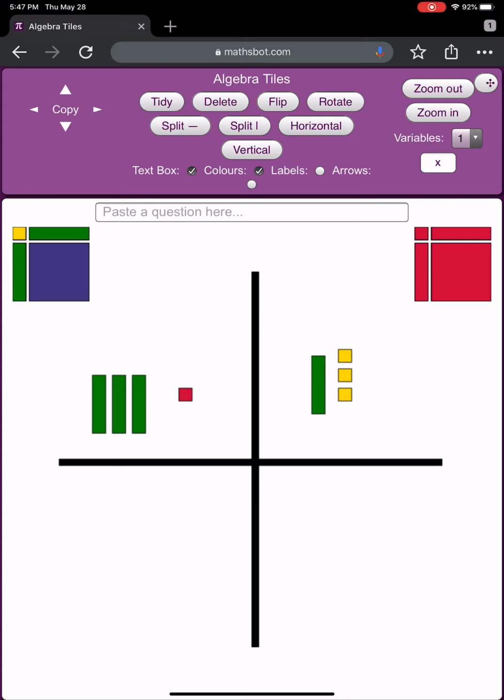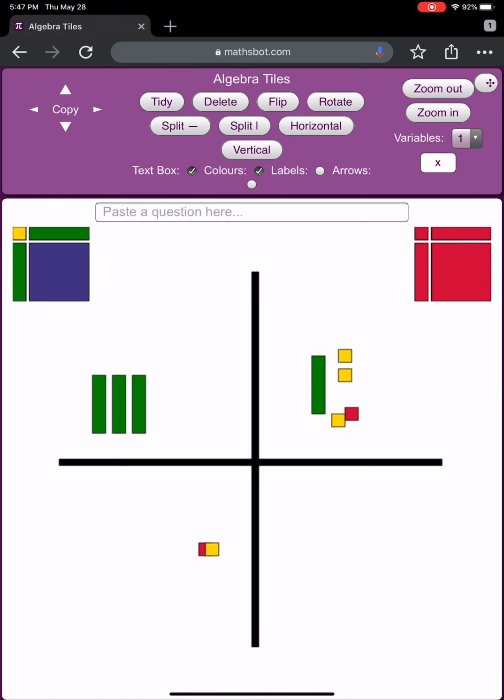Okay, so I want all my t's on the same side. But first I'm going to move all my regular numbers, my integers, over to one side. So I think I'm just going to go like this.